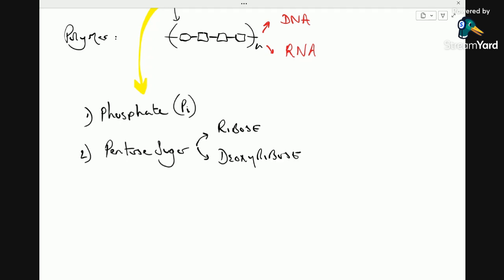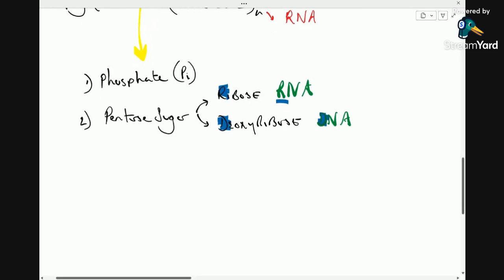Just to ruin the surprise, DNA contains deoxyribose, and RNA uses just ribose. Make sure you're happy with that. DNA starts with a D, as does deoxyribose, and ribose and RNA both begin with an R. Hopefully fairly straightforward.